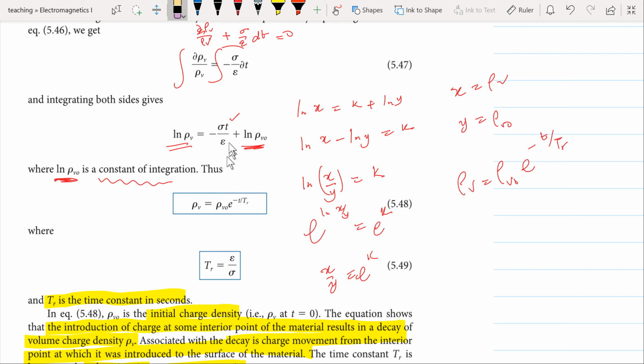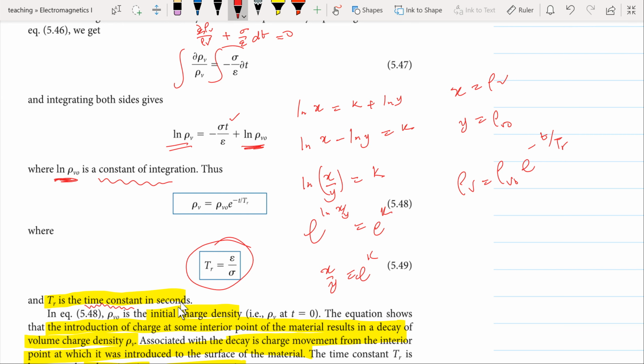Of course, we have chosen TR to be equivalent to the reciprocal of this term, which is epsilon over sigma. We call it the time constant, and TR we have just chosen to be equivalent to that term.